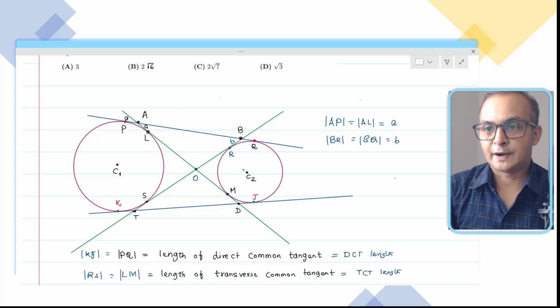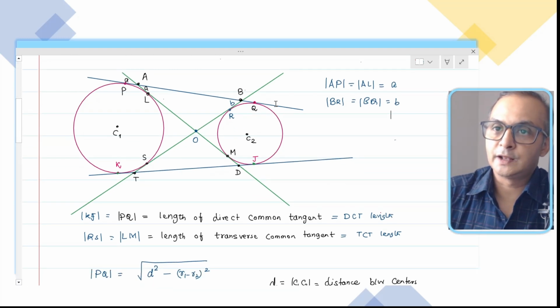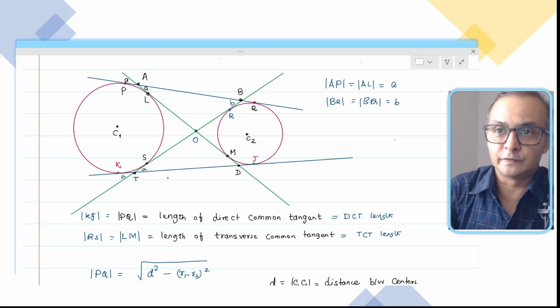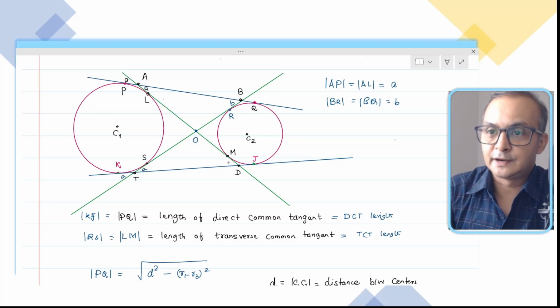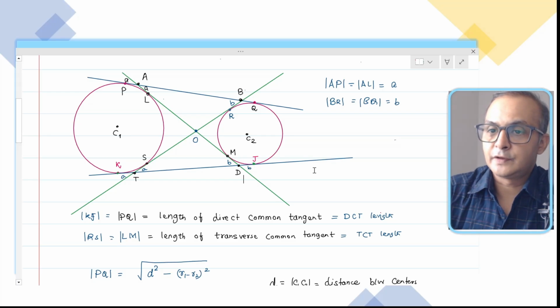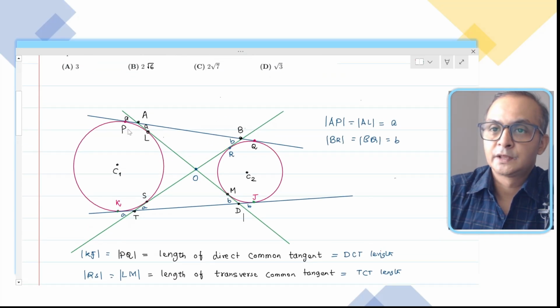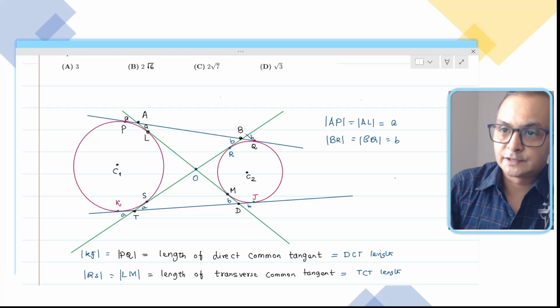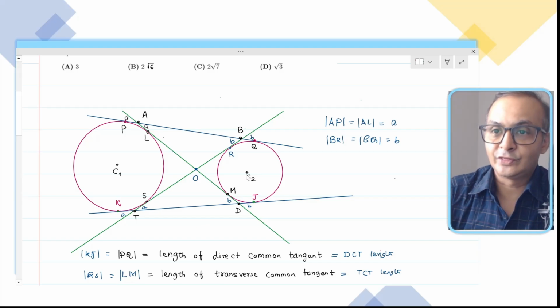So we take TK and TS also of length a, and similarly DM and DJ also of length b. In this way, we have a and b, and we will use this to find the length AB.